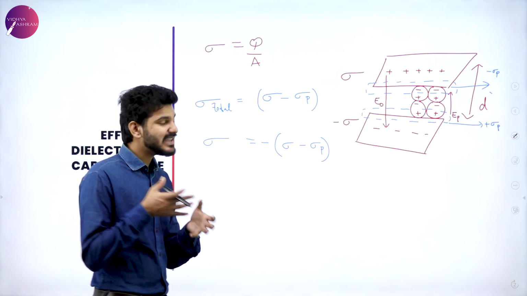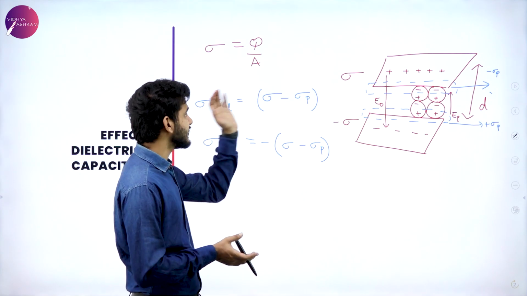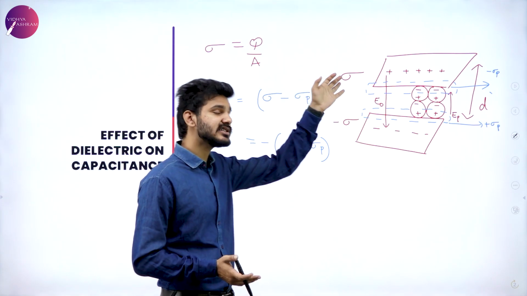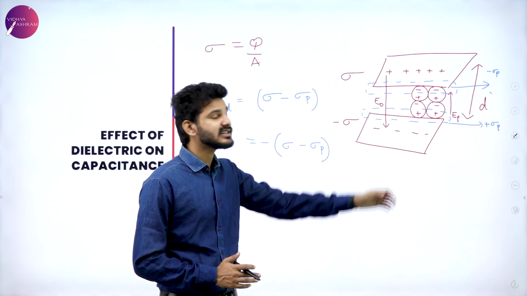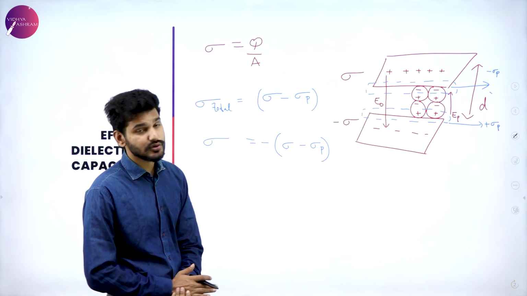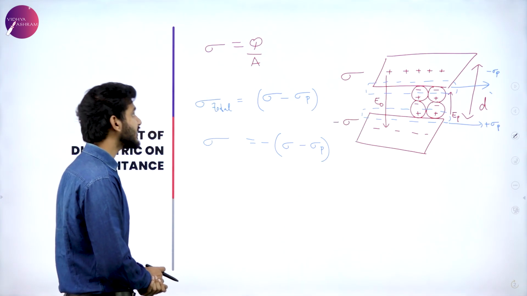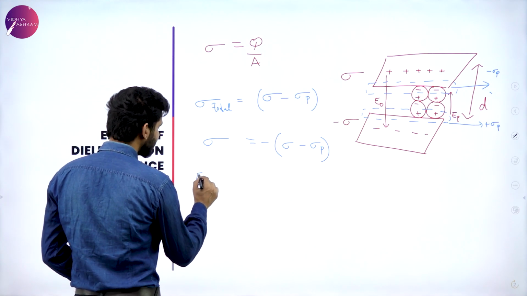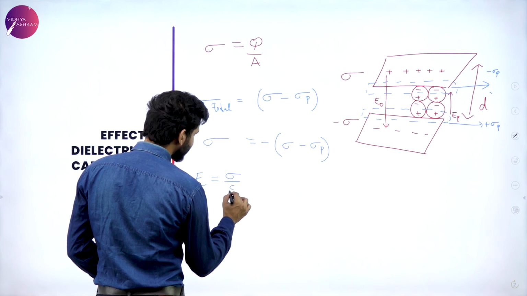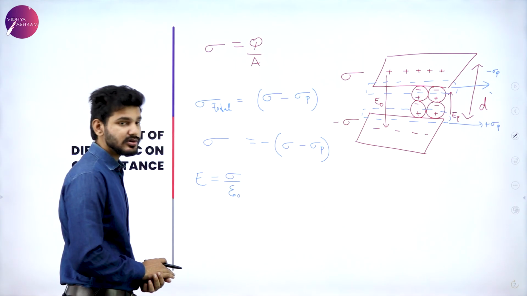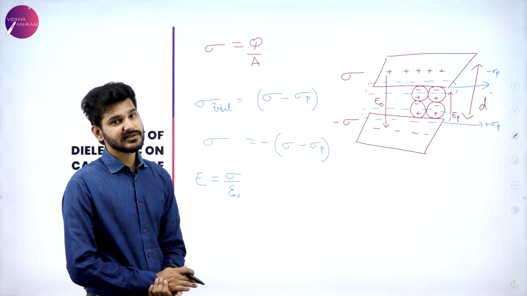So considering the net surface charge density, we are going to calculate the net electric field in between those two parallel plates. We know that the equation for electric field is E is equal to sigma by epsilon naught, which was also discussed in the previous topics.